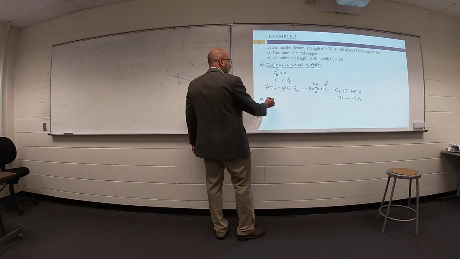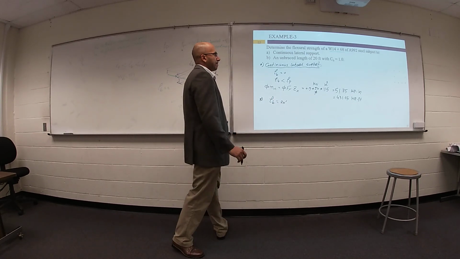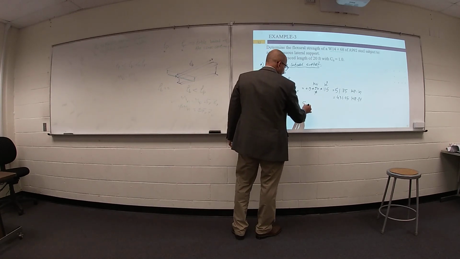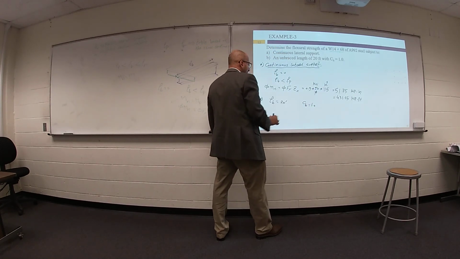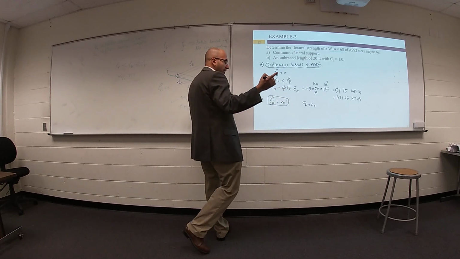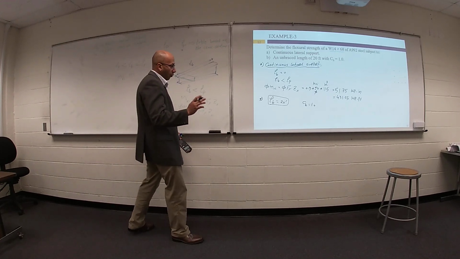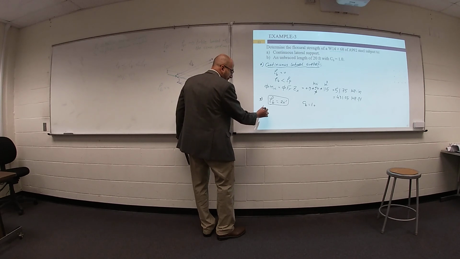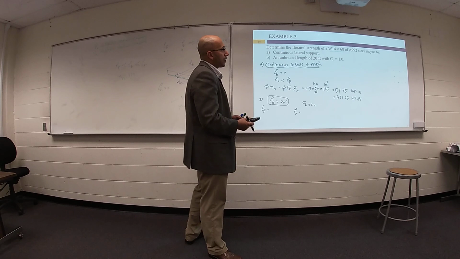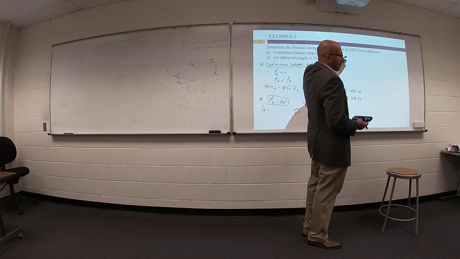Second case, we have unsupported length LB equal to 20 feet and given CB equal to 1. I'm not sure yet whether we will use this case. What is the value of LP? What is the value of LR? Go back to your table for section W14 times 68.